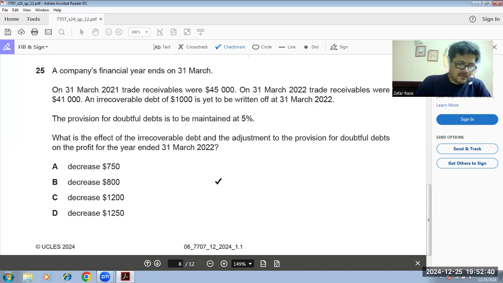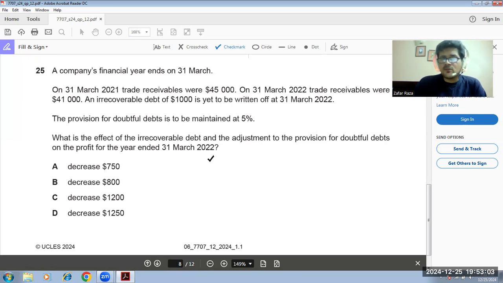45,000 multiplied by 5%. The previous provision on 31st March was 2,250. And for this year, when it is 41,000, 5% means 2,050. It means we have to decrease provision by 250.